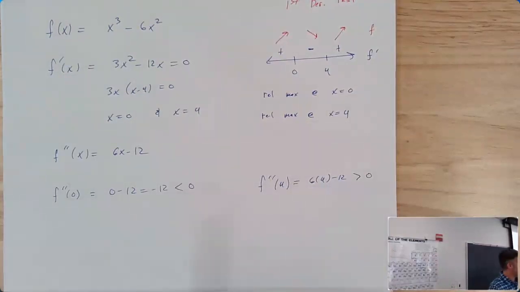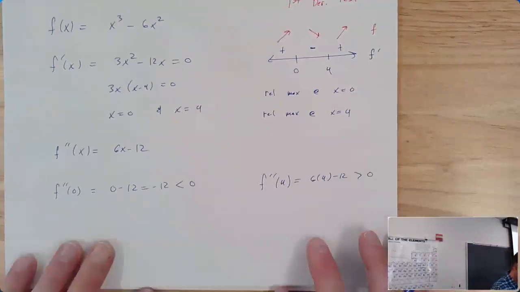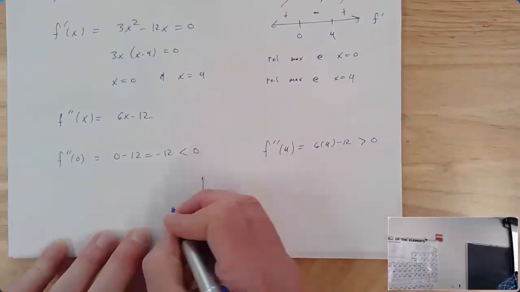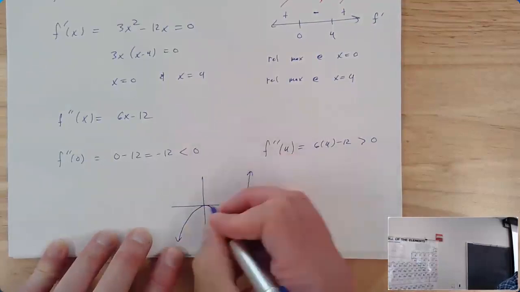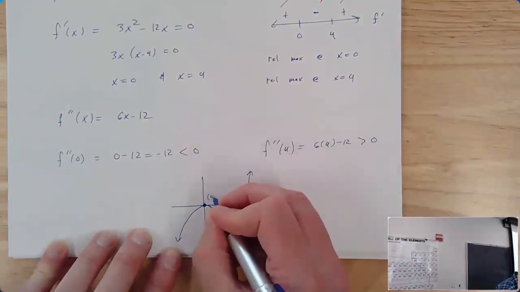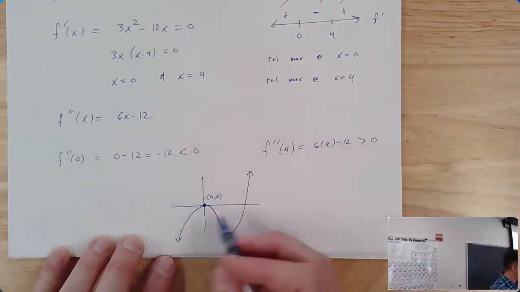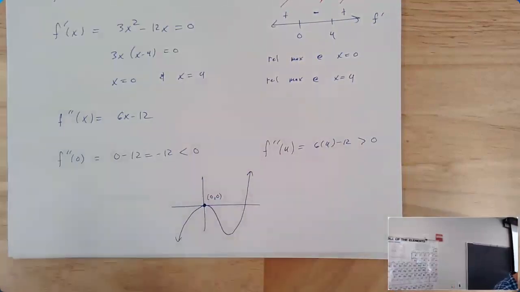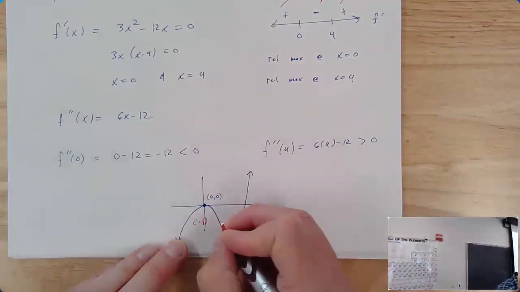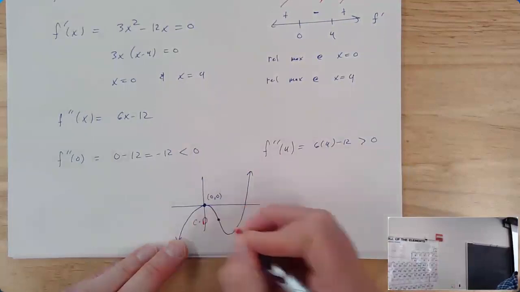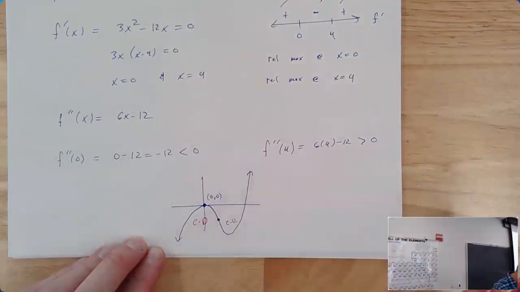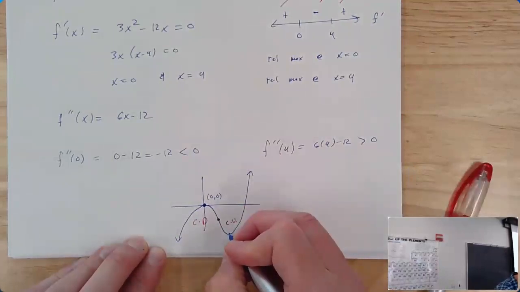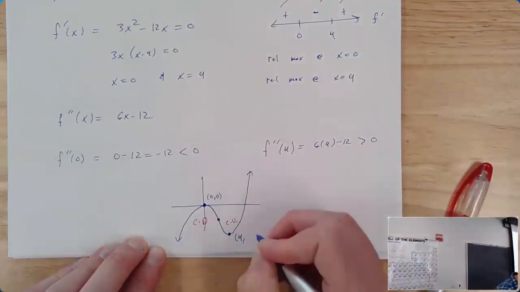So it's concave up, meaning we have a minimum. Here's what this function kind of looks like, where you have a relative maximum at (0, 0). Look, it's concave down there. At some point there's an inflection point where the concavity changes. And then over here, it's concave up, specifically at this point. It's a relative minimum.